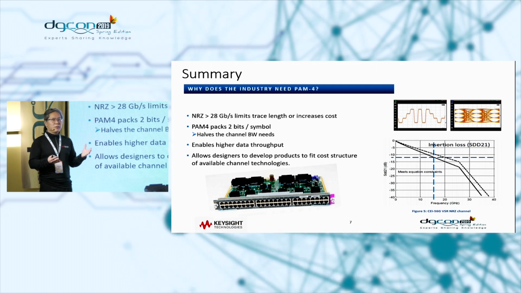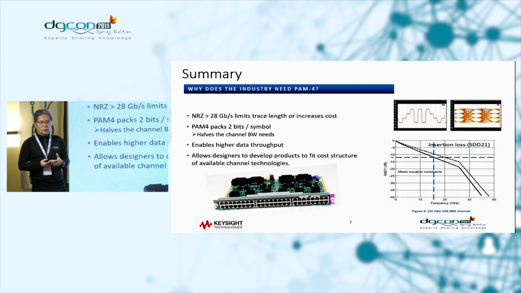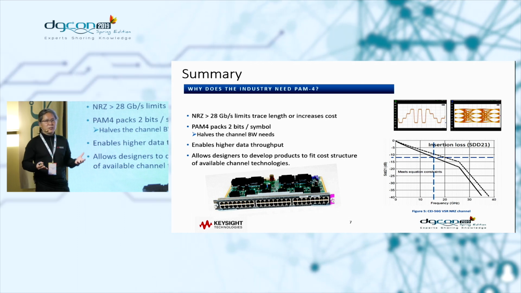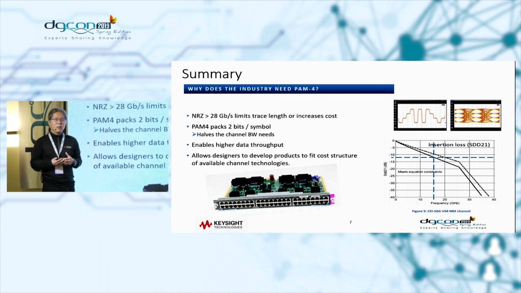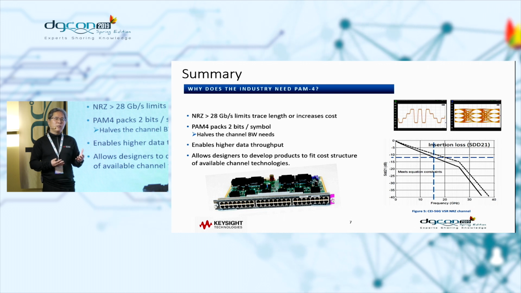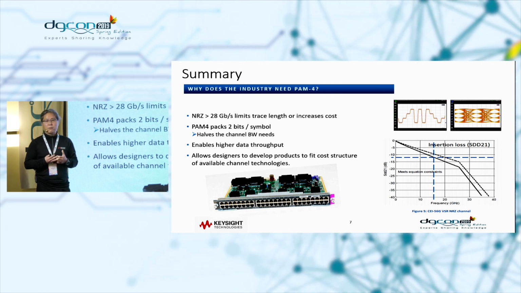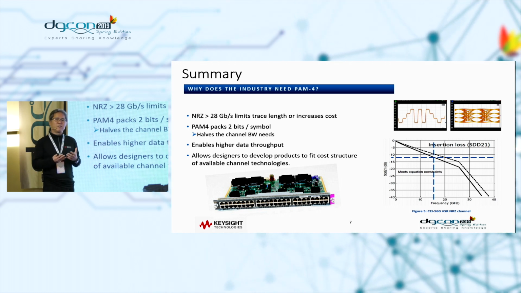So not always good things happen with PAM4 because there might be a little more challenge. But there is no question, especially for the data center, which is just booming and pushing a lot more data, where they really need to use the existing structures to pump up the data rate. That's why PAM4 is preferred.